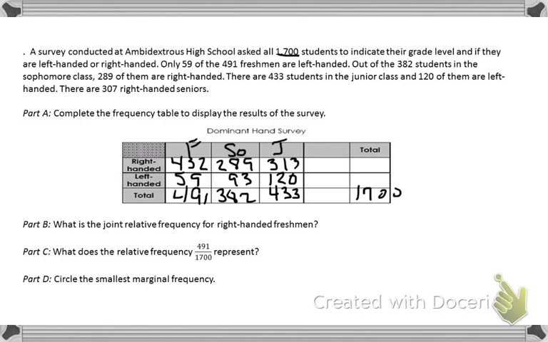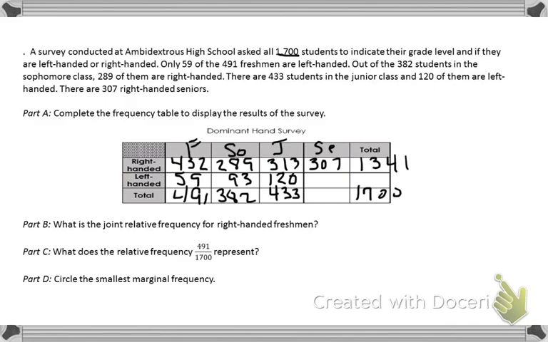All they tell us is there are 307 right-handed seniors. So seniors, 307. But I have enough information that I can figure out the rest of what I need. So what I'm going to do first, since I have all of my right-handed numbers, I'm going to add them all together. 432, 289, 313, and 307. And I'm going to get 1,341.